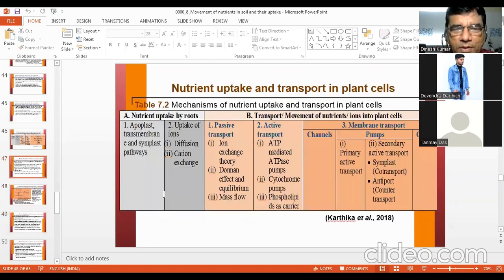I have shown you here uptake of ions by diffusion and cation exchange, which is a very passive kind of uptake, and here again passive transport, ion exchange theory, Donnan effect, and mass flow.